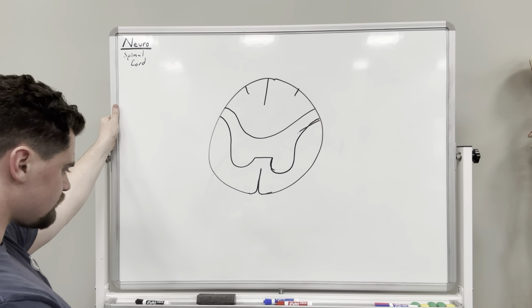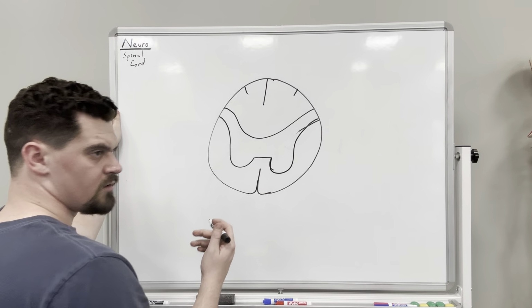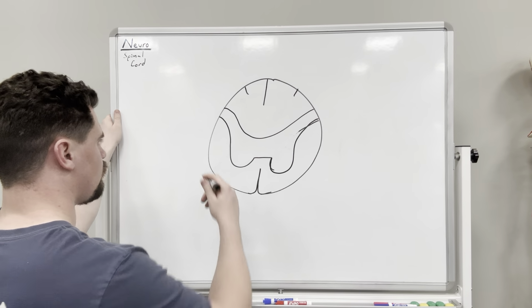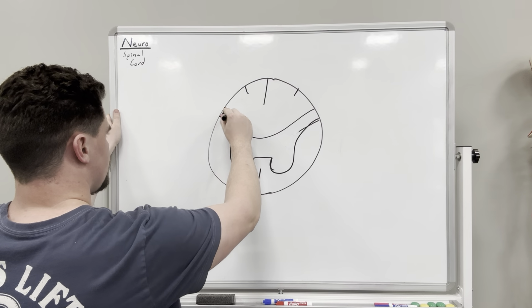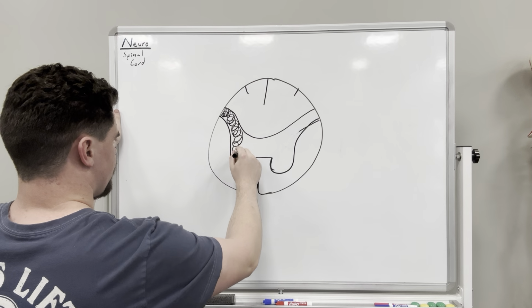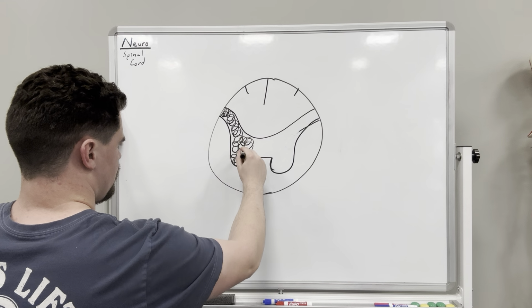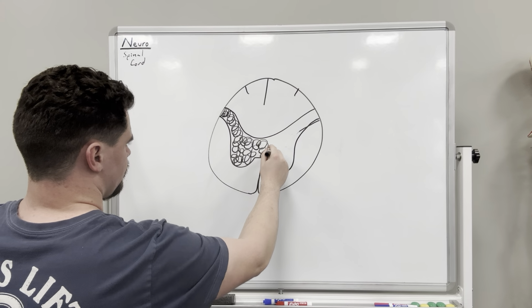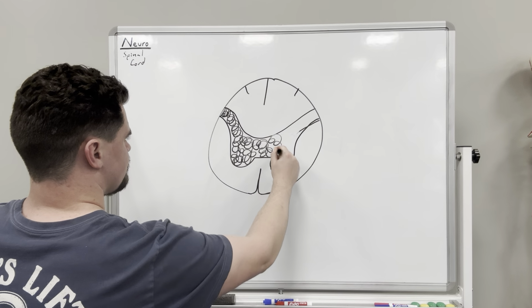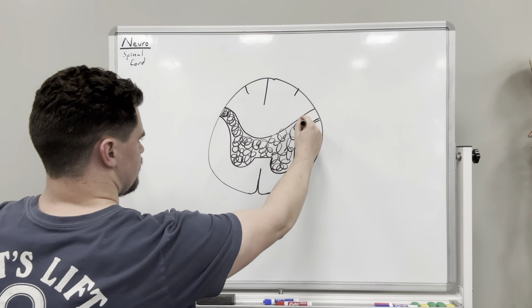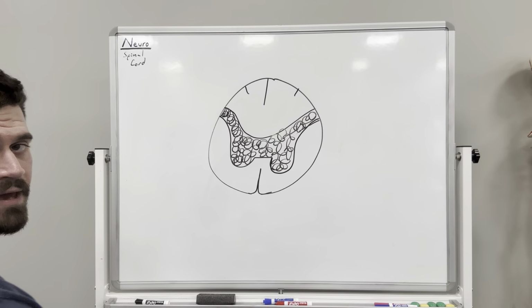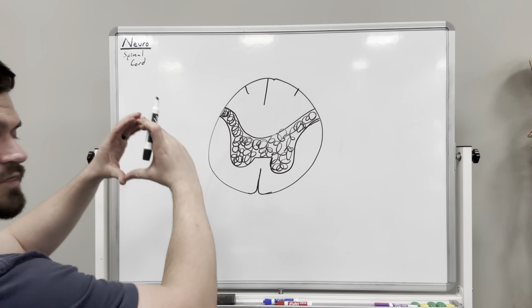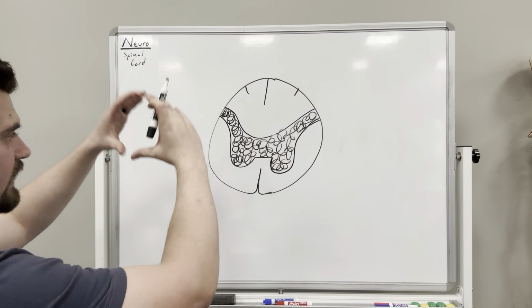The first thing I want to talk about is what is gray matter versus what is white matter. So I'm going to shade the center gray, or black rather, I guess. And that's going to be the gray matter. In the spinal cord, the middle is gray and then the outside is white.